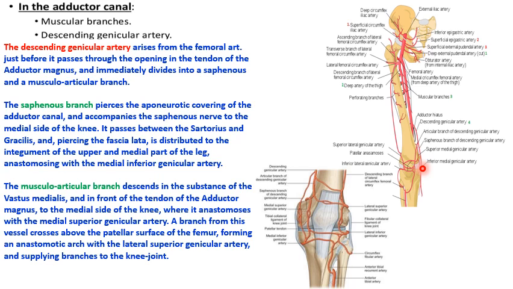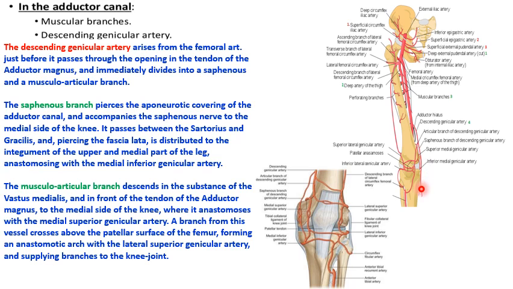It then passes between the sartorius and gracilis, and also pierces the fascia lata, distributing to the integument around the knee joint and the medial aspect of the upper part of the leg.